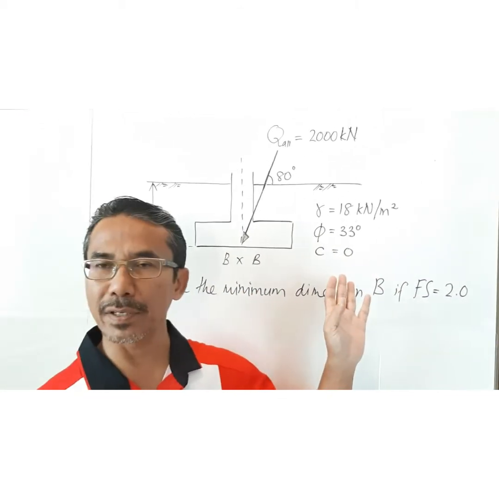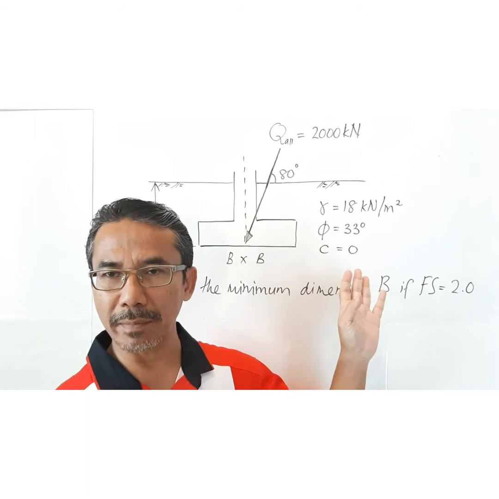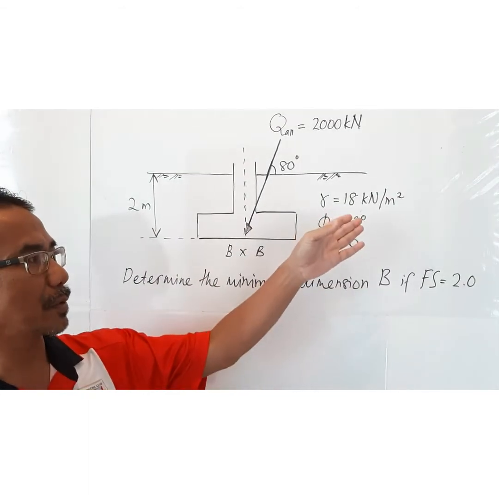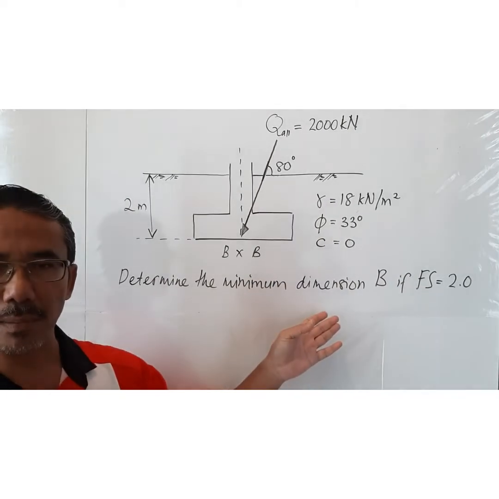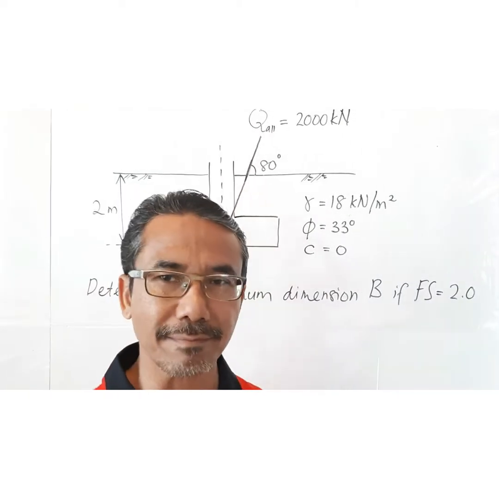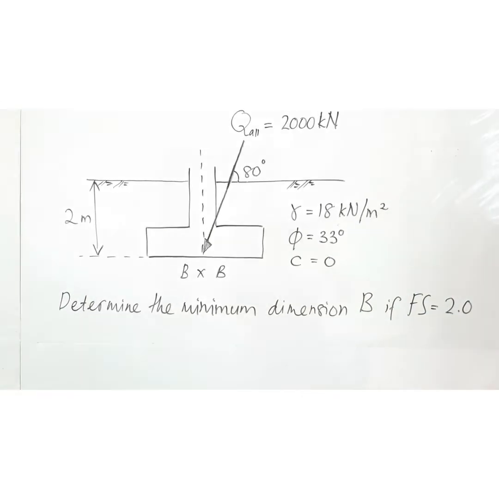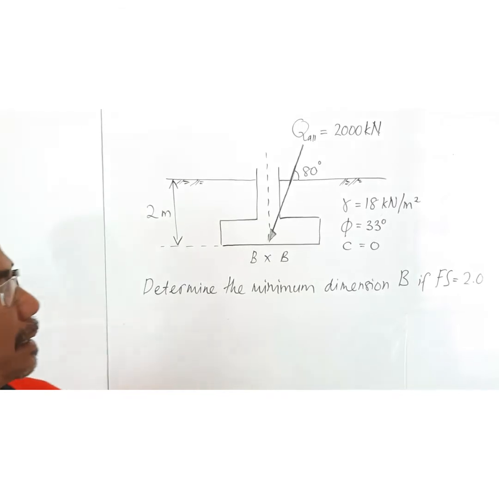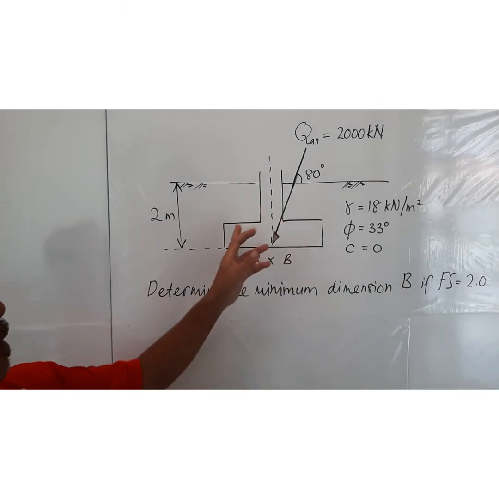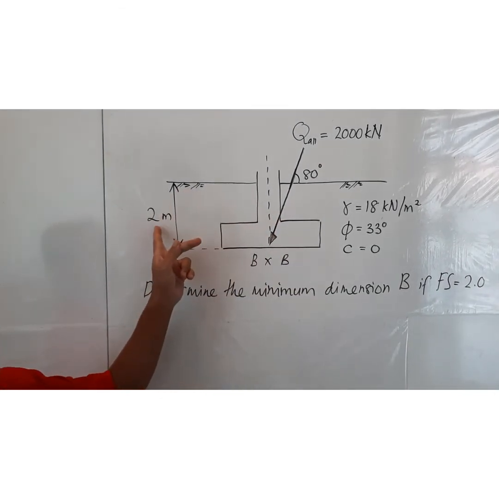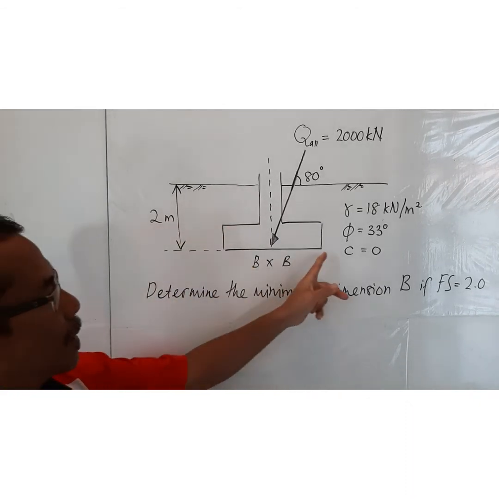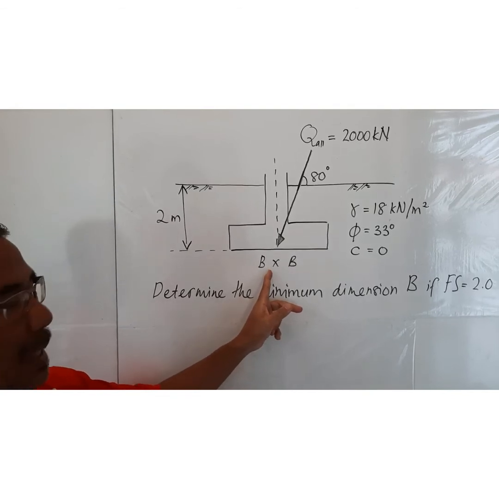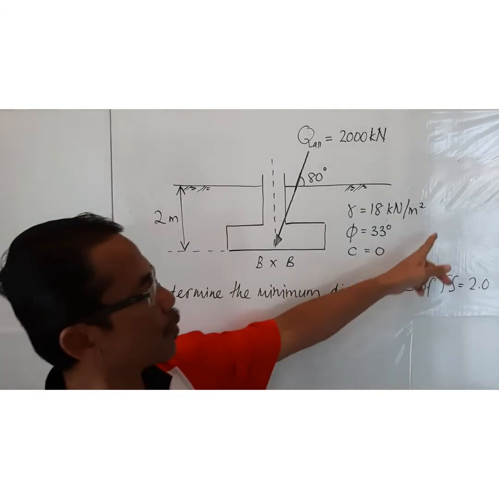Before I show you how to solve this problem, everybody take your time to draw the diagram and write down all the soil properties and the problem statement. In this example, we have a shallow foundation with a footing depth of 2 meters, and an unknown dimension on the footing, a square footing, B multiplied by B, and these are the soil properties.